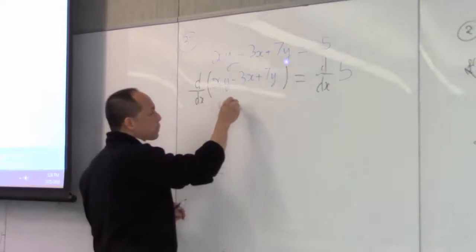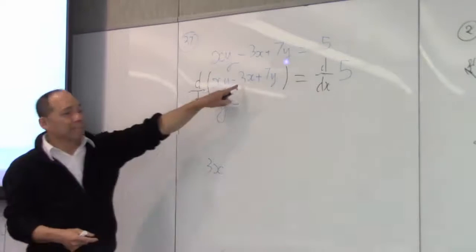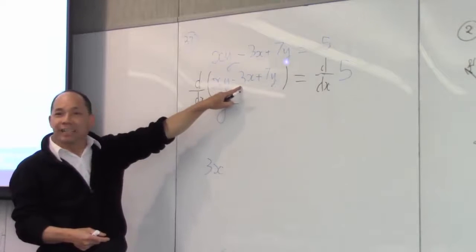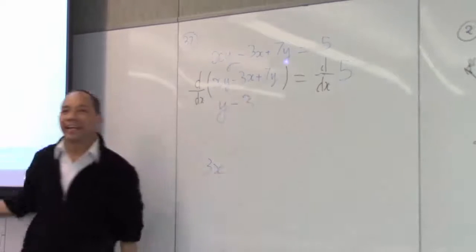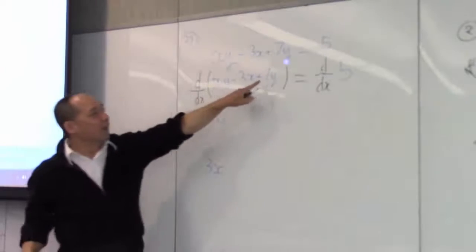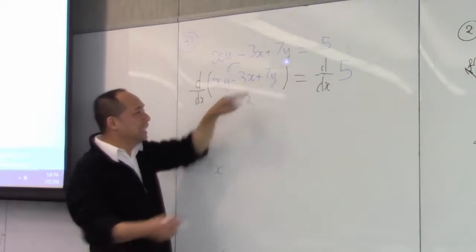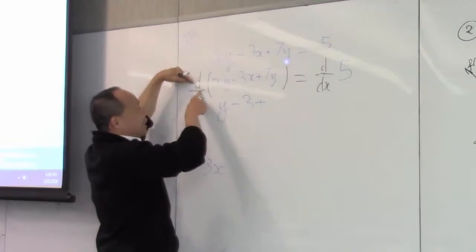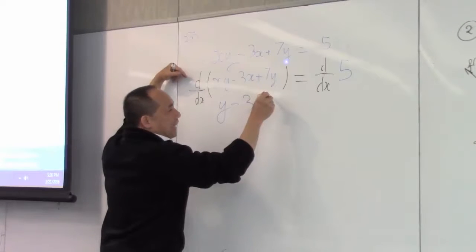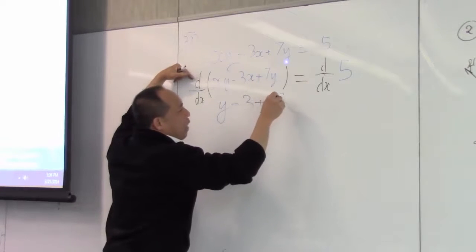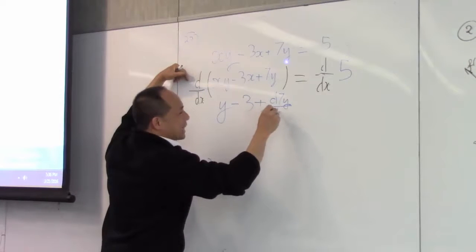Now for 7y you have to take the derivative, d of 7y over dx.